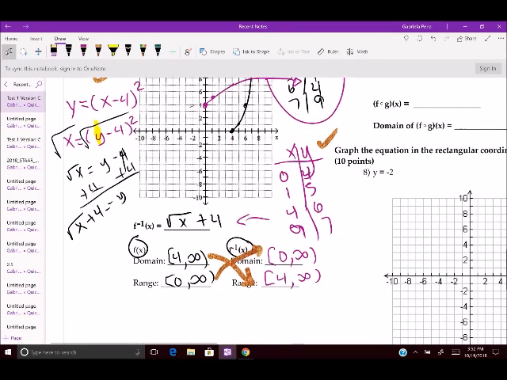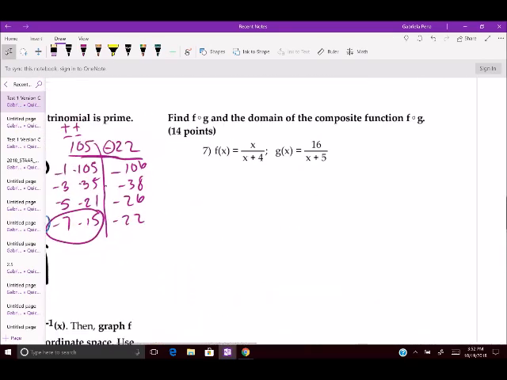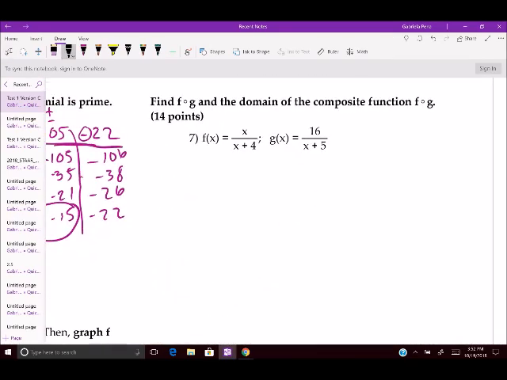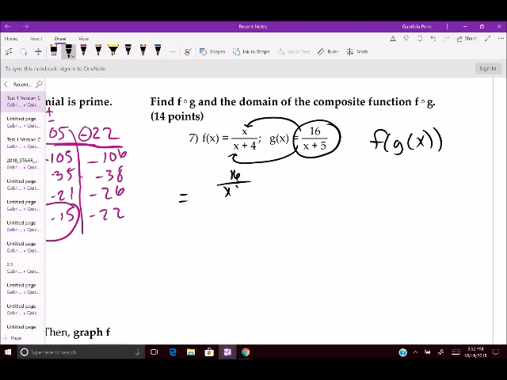Moving on to number 7. So for number 7, this needs to go into here and into there, because we have to do f of g of x. So this is going to become 16 over x plus 5, over 16 over x plus 5, plus 4. So anytime that we have a fraction and a whole number, we need to make that whole number a fraction.